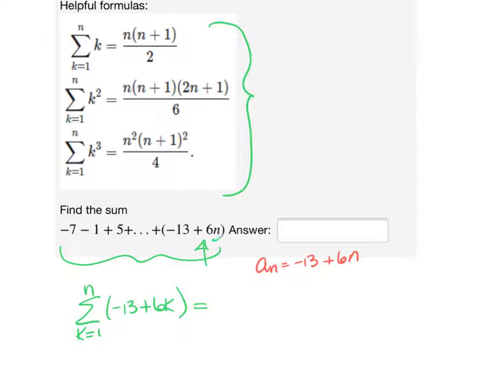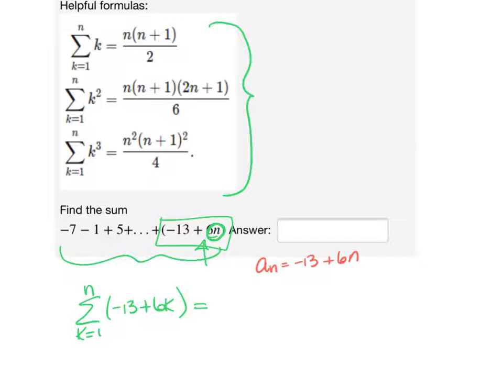And I know it's the first n terms, 1 to n, because of this replacement of that k is the n. Or in other words, I got my explicit, so I know that's where I end. So what I'm really asked to do is add up the terms between k equals 1 to n of negative 13 plus 6k.